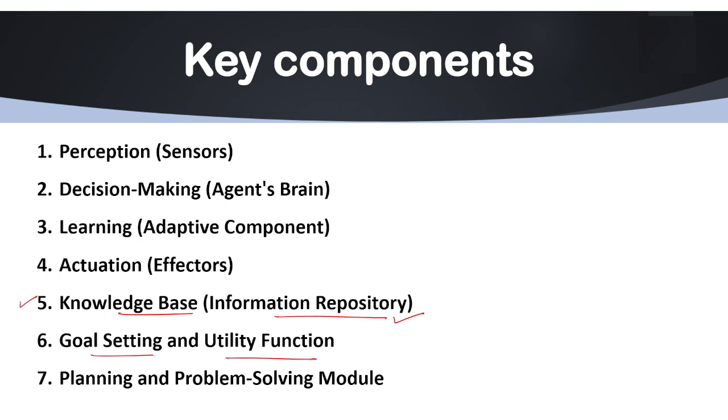Another is goal setting and utility function. Here the goals are the objectives that the agent aims to achieve, while a utility function quantifies the desirability of different outcomes, and its purpose is to guide the agent's behavior. Remember this point, this is very important.